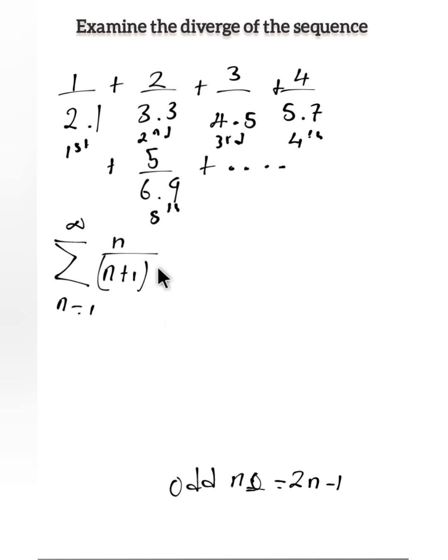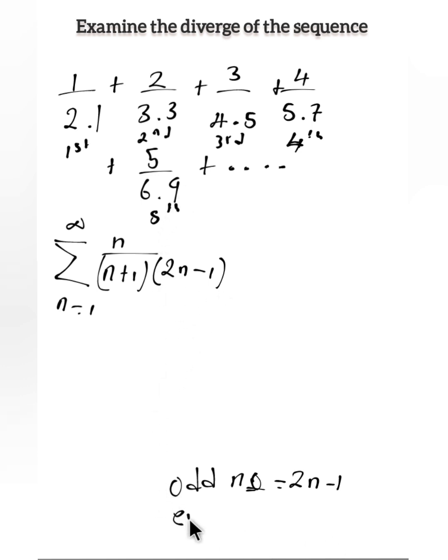Now let's see if it works. 2n minus 1. So 2 times 1 gives us 2, minus 1 is 1. 2 times 2 is 4, minus 1 is 3. 2 times 3 is 6, minus 1 is 5. 2 times 4 is 8, minus 1 is 7. 2 times 5 is 10, minus 1 is 9. So 2n minus 1 works for all of them.